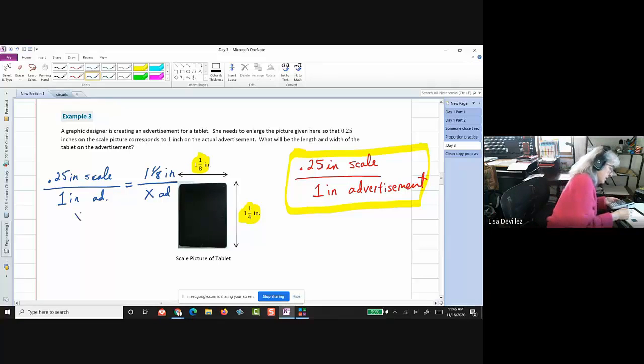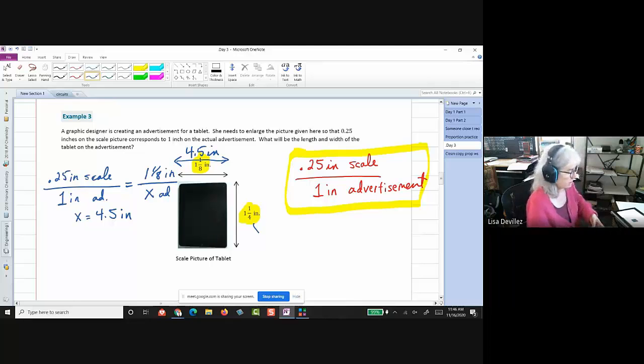So I get 4.5 inches for this. So 4.5 inches would be this dimension in the actual ad. All right, you guys do the other dimension and tell me what you get.